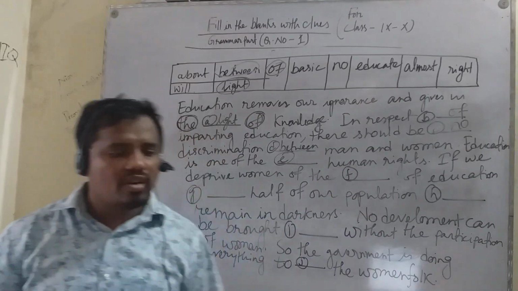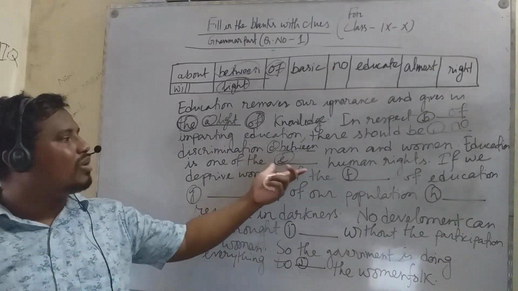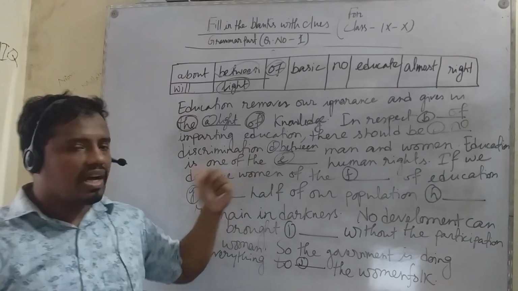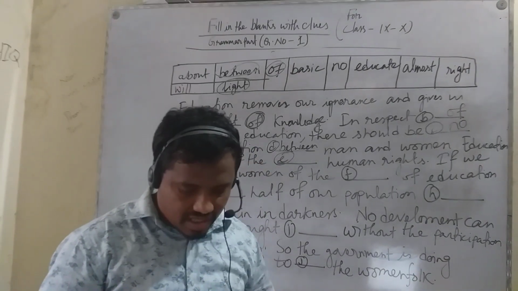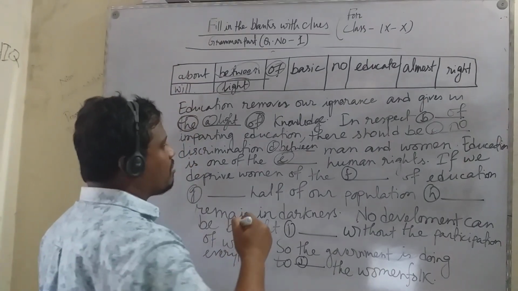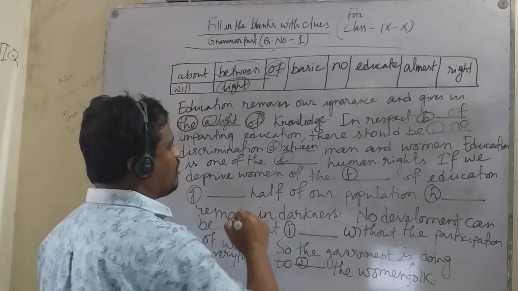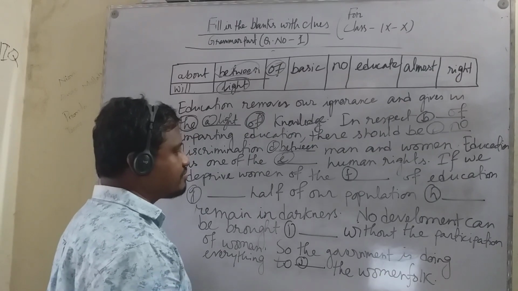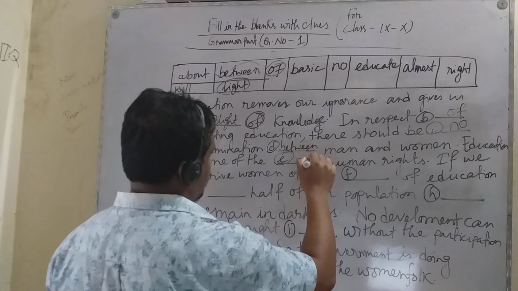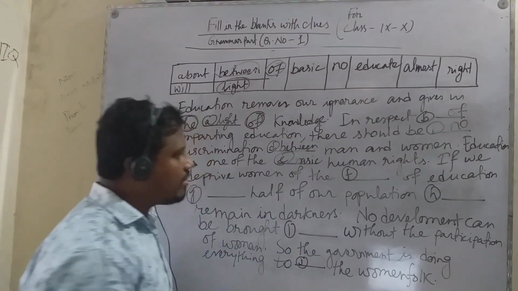Education is one of the dash human rights. Now education is one of the what? And you all know, after an article you can use a noun here. Basic human rights.